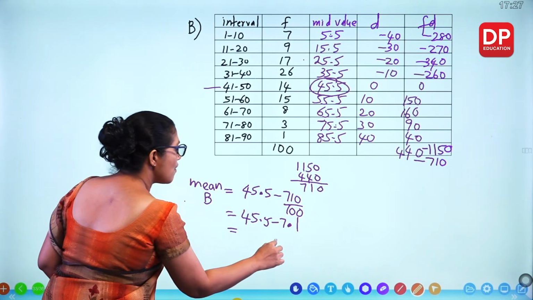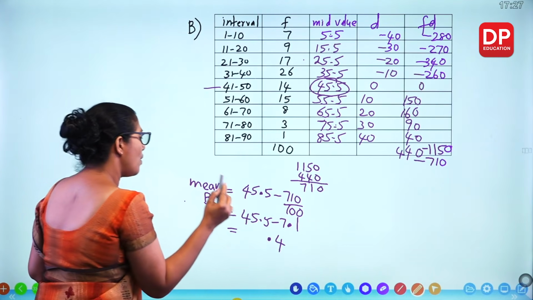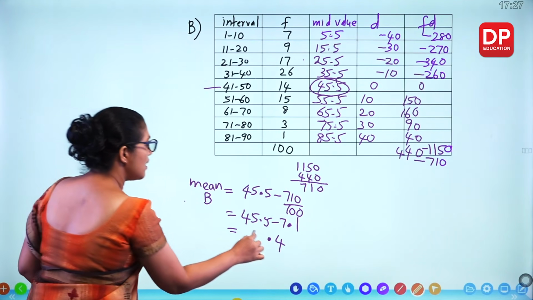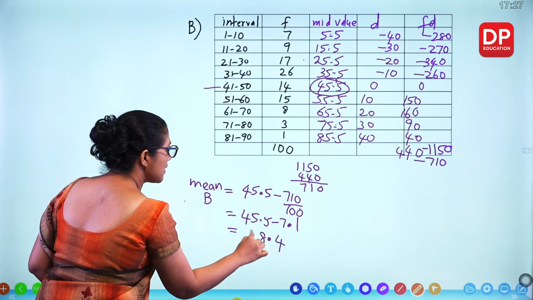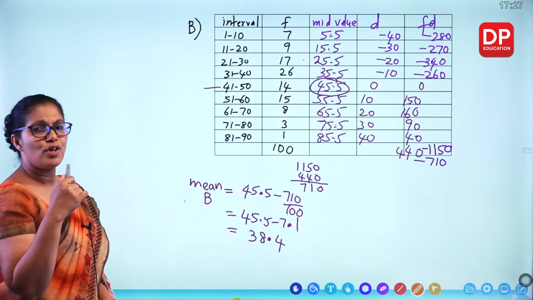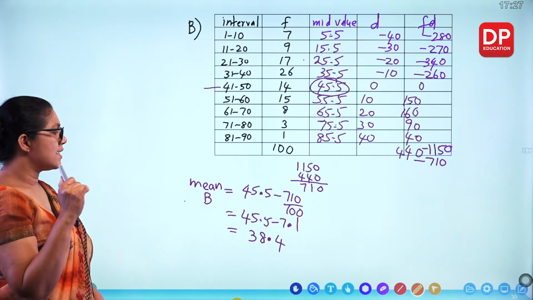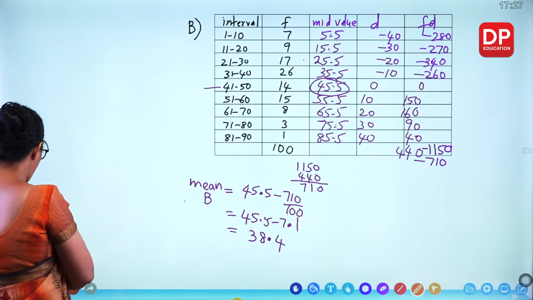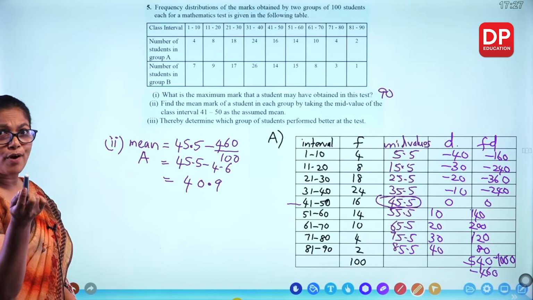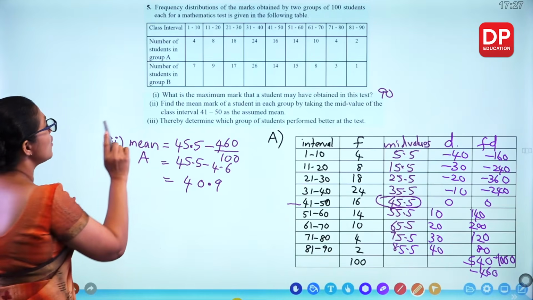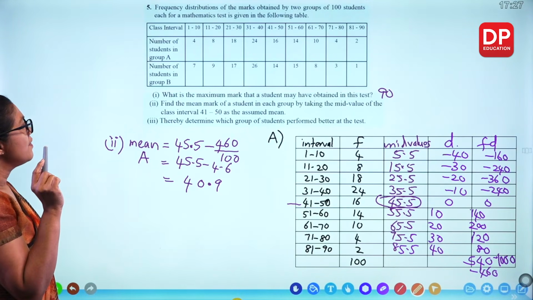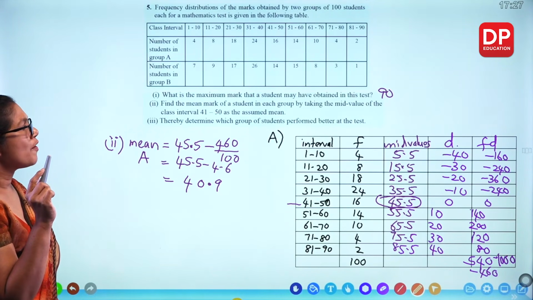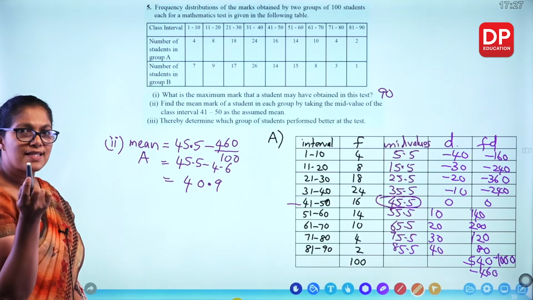We get 4 and 8, so 38.4. So the mean mark for B is 38.4. The mean mark for A is 40.9. Now the third part asks, thereby determine which group of students performed better at the test.